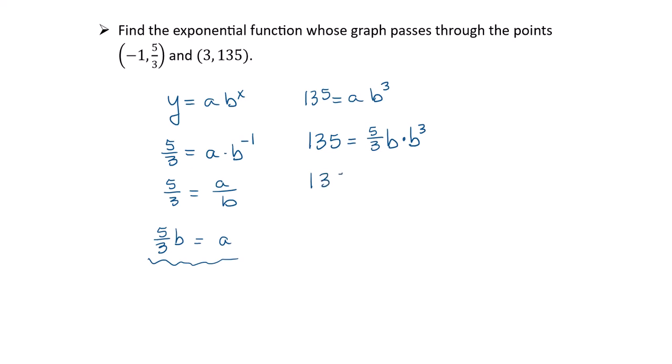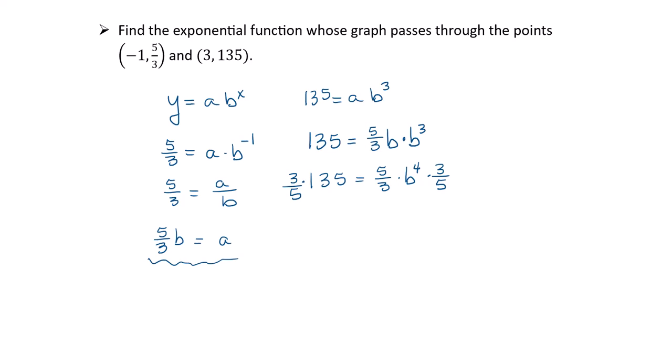This means 135 equals 5/3 times b to the 4th. Let's multiply both sides by 3/5 so that we can isolate the b to the 4th.